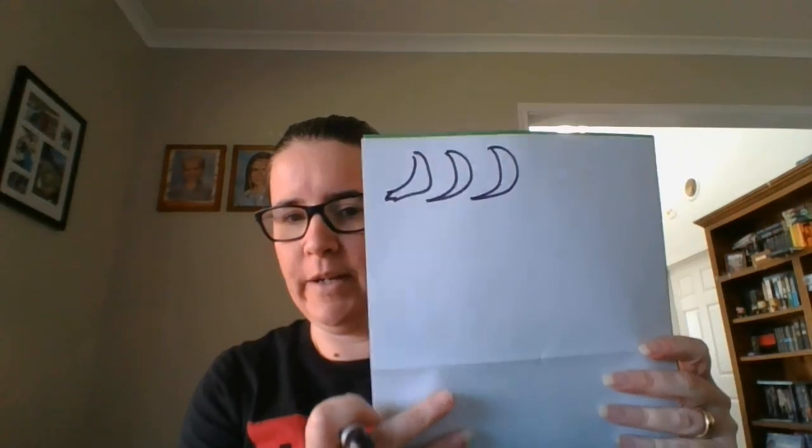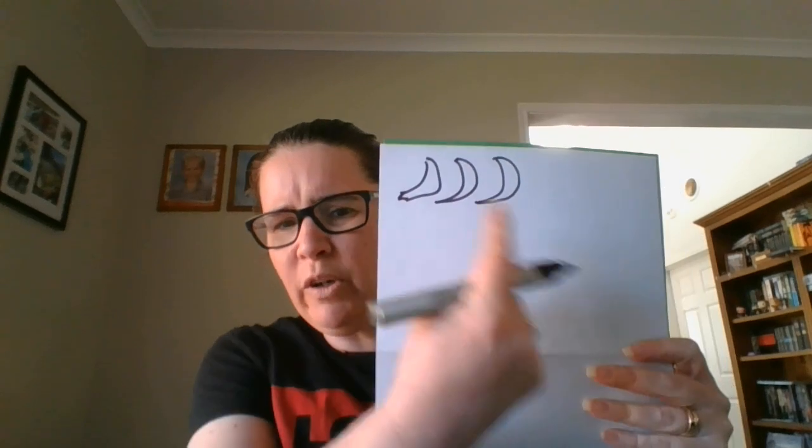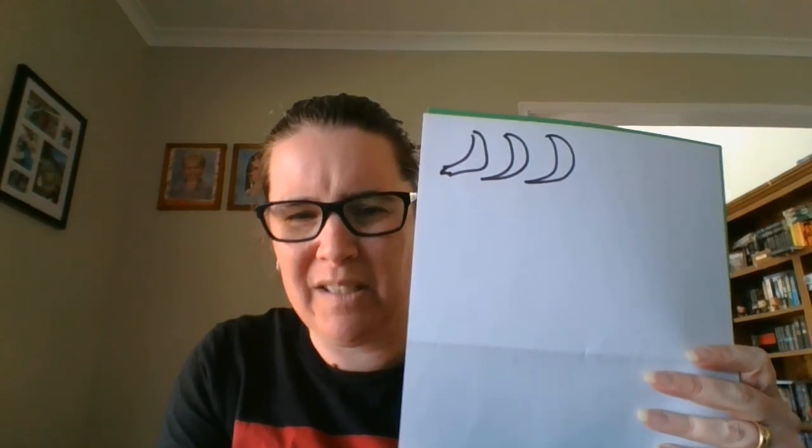So, if I was making a tally and I was counting how many bananas I had at my house, and I've got 3 bananas, and I'm going to draw them on my paper so you can see. I know I've got 3 bananas. Drawing bananas takes up a bit of room and it's a bit annoying, so we could use tally marks.